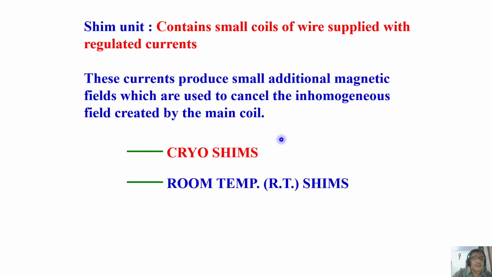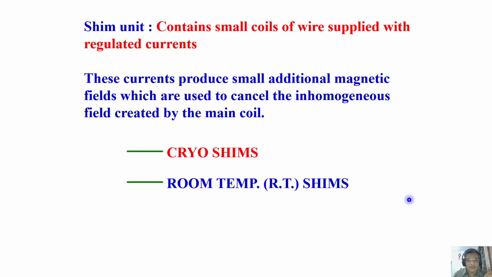That is called cryoshims. And afterwards, we have to homogenize at room temperature when you are routinely doing samples. This you do not touch regularly. Once it is done at the time of charging the magnet, nobody is going to touch it. You are not allowed to touch it, you can't do it. Whereas room temperature shims are in our hands.